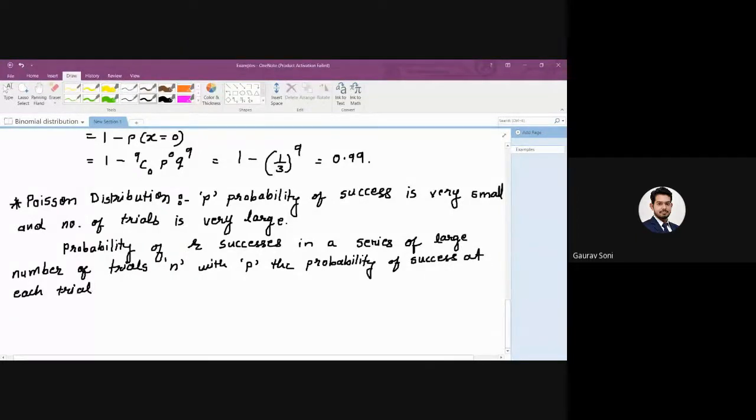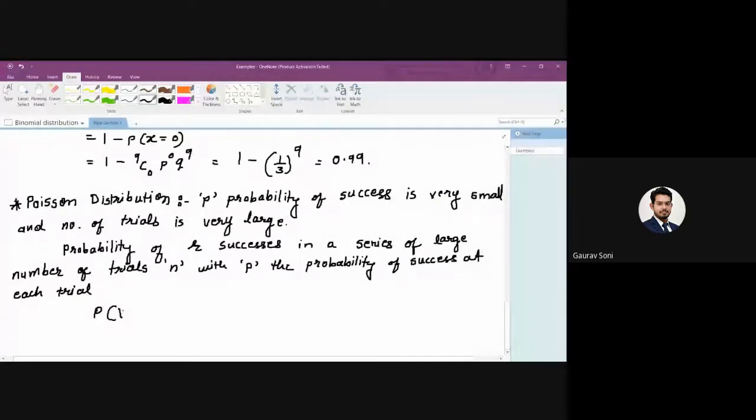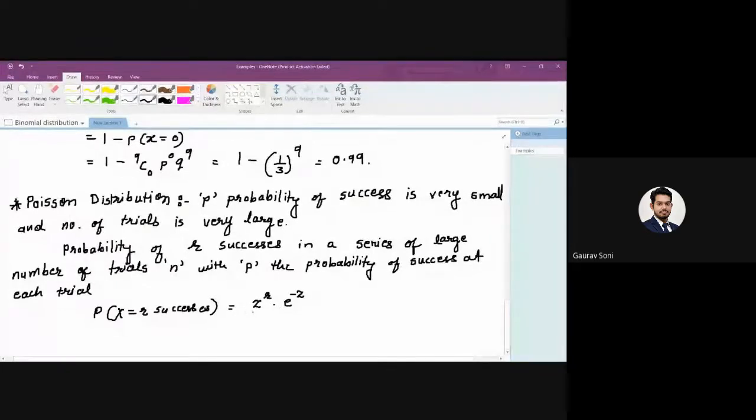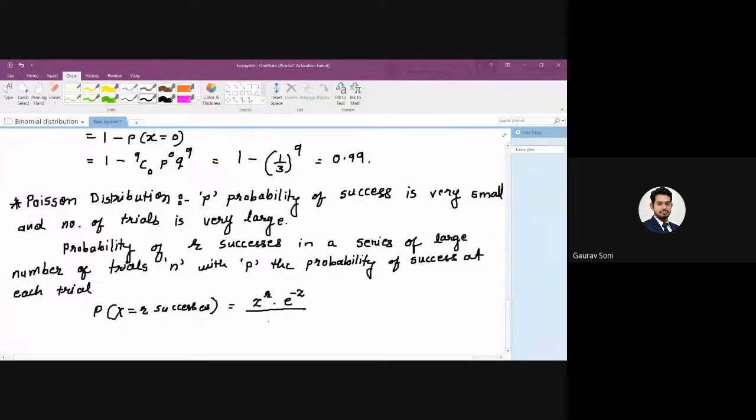A small number is given by the probability of x equal to r successes is given by z raised to r into e raised to minus z upon r factorial.